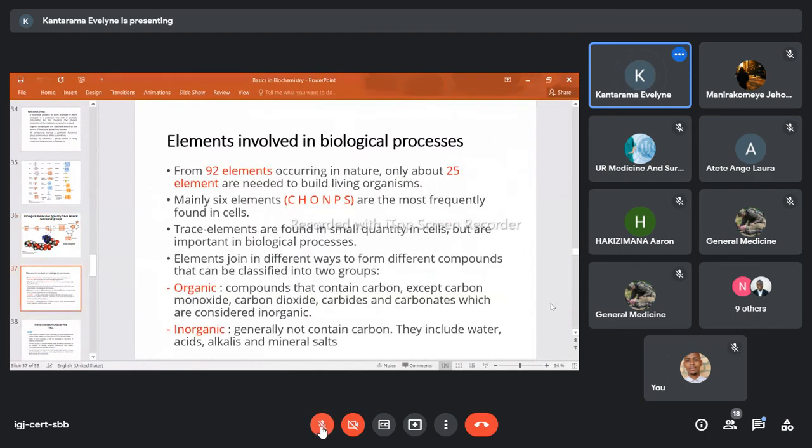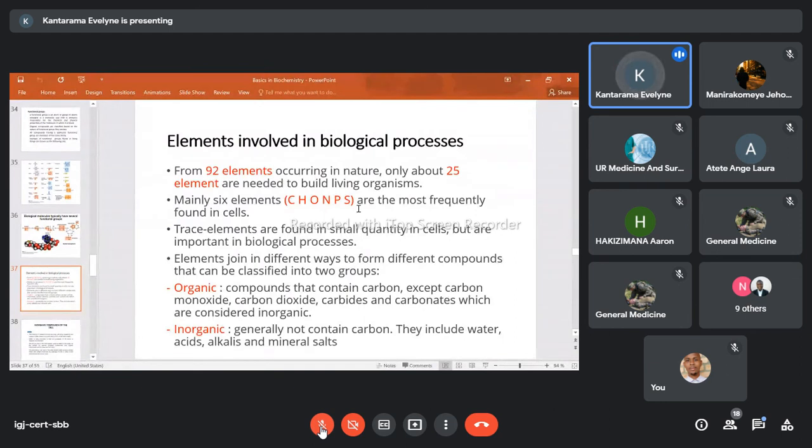Now, I think the most important part of the presentation, you have seen it. The remaining part is a kind of information. Here, elements involved in biological processes: from 92 elements occurring in nature, about 25, including those trace elements, are involved, mainly 6: carbon, hydrogen, oxygen, nitrogen, phosphorus, and sulfur.